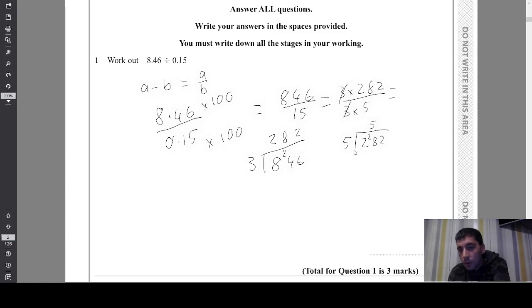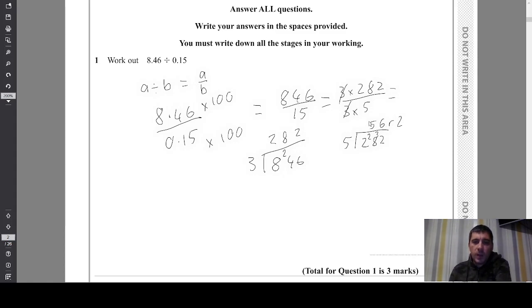Then I bring the remainder, so remainder 3. Check how many 5s I can fit into 32, so it's 6 with a remainder of 2. So 6 with remainder 2.